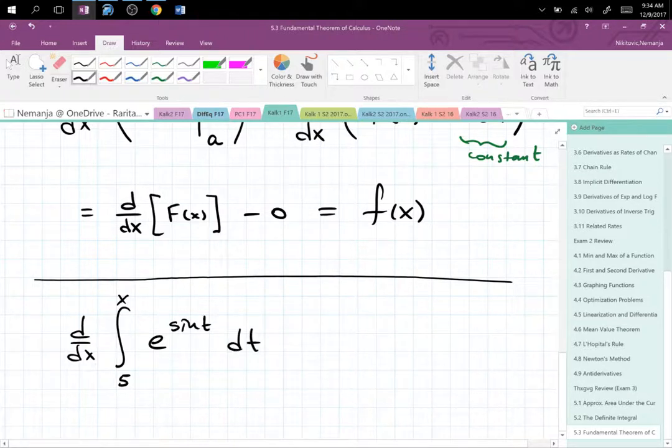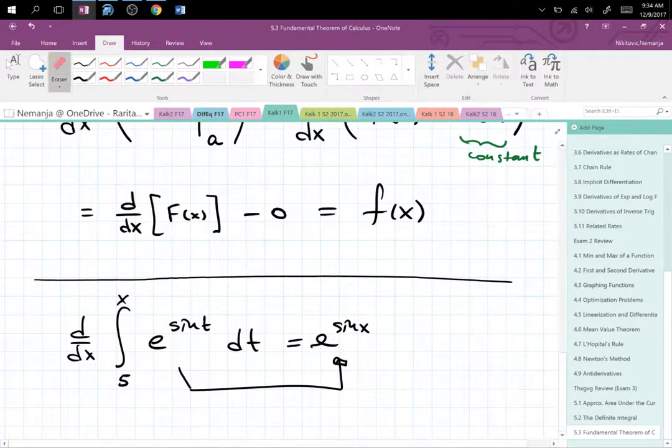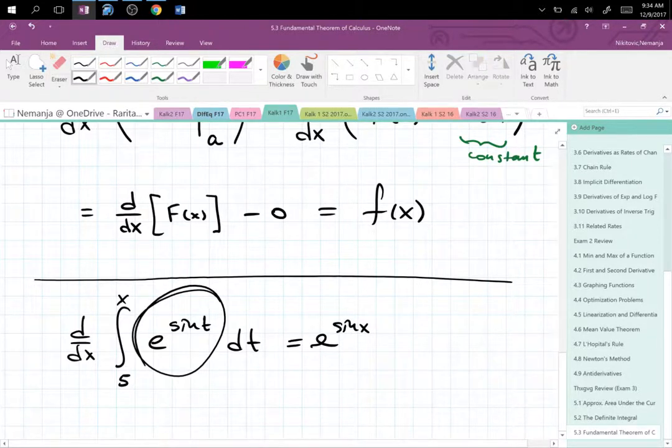You can't integrate this, but you immediately know that the answer is e to the sine x. And that's it, right? It has to be the same function that you started with, except the variable is x. It's no longer t. So it doesn't really matter what you get here. You will get the same on the other end, just in terms of x.